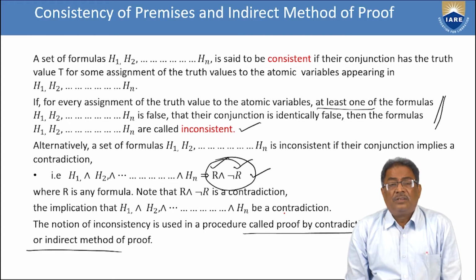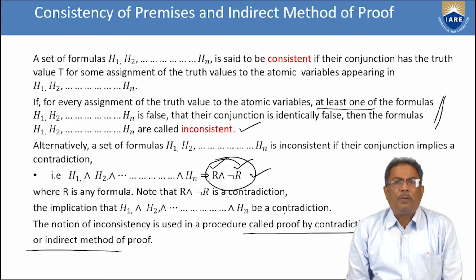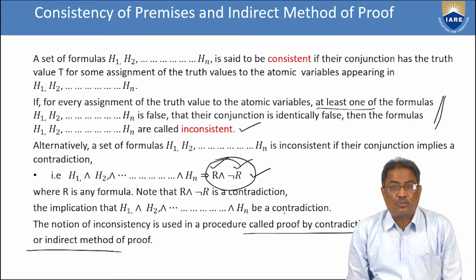In the other way also we can prove this. Let us take one proposition R is true, and we arrive at negation R is true. We take the conclusion R as true, and conclude that negation R is also true.